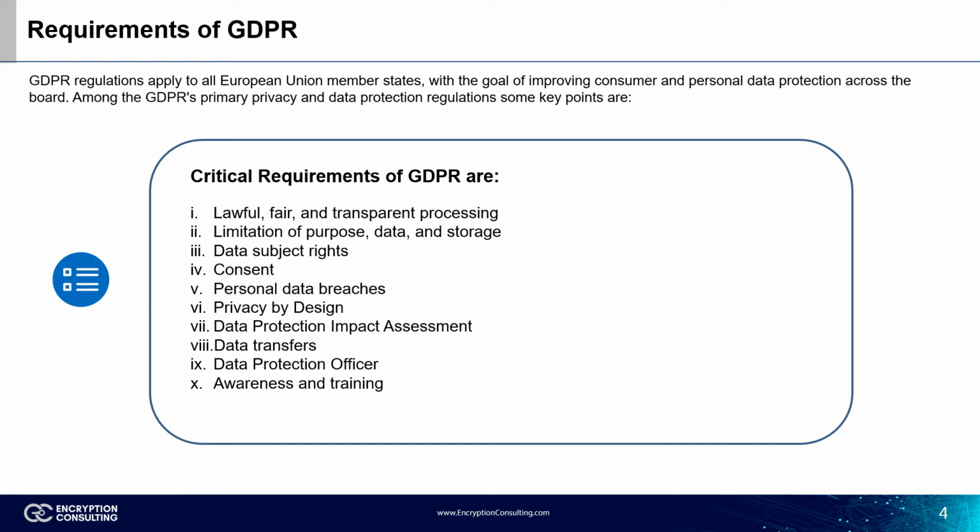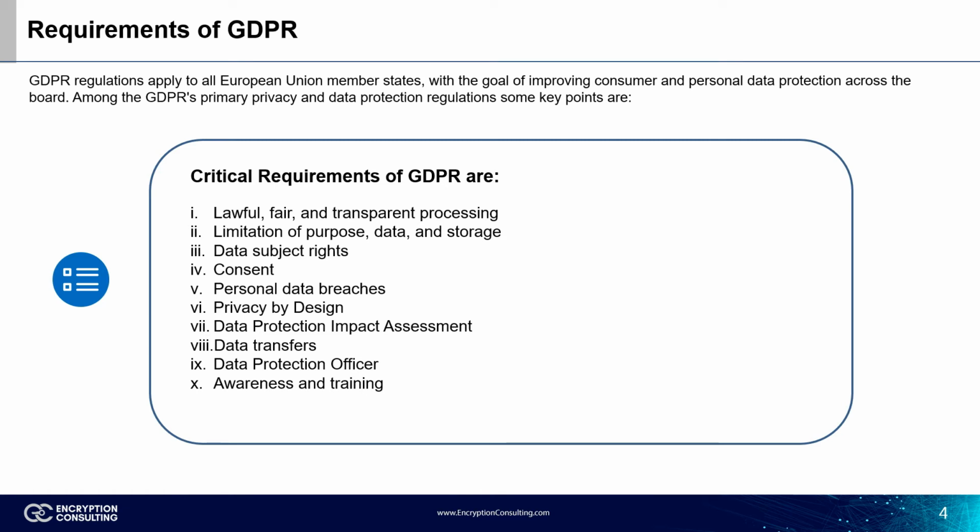Number 2, limitation of purpose, data, and storage. Collect only necessary information and discard any personal information after processing is complete. Number 3, data subject rights. A customer can ask what data an organization has on them and the intended use of said data. Number 4, consent.